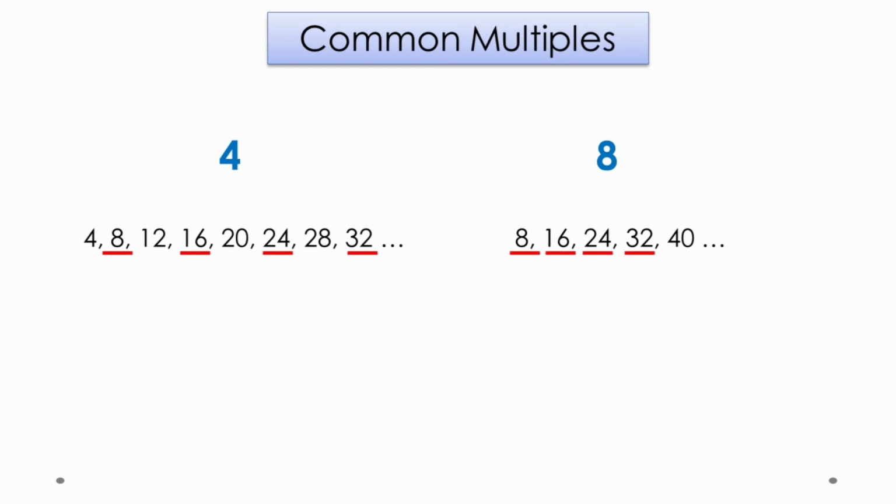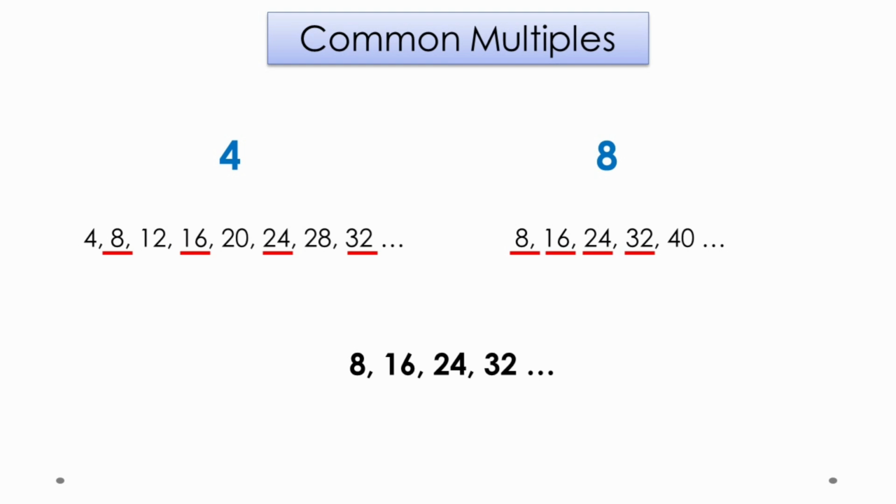We have 8, 16, 24, and 32, which appear in the multiples list of both 4 and 8. So 8, 16, 24, and 32 are the common multiples of 4 and 8. If we decide to extend the list of multiples in both the cases, we will come across many more common multiples of 4 and 8 in this case.